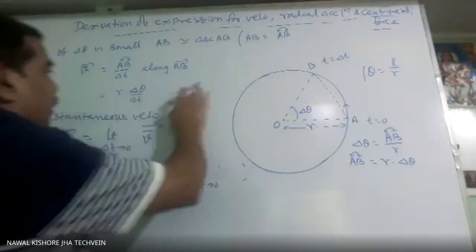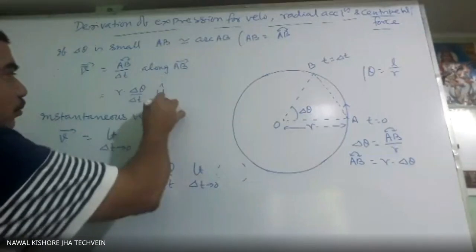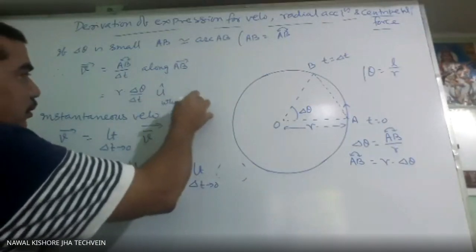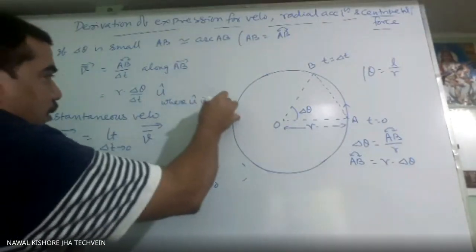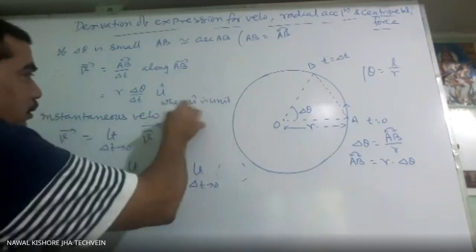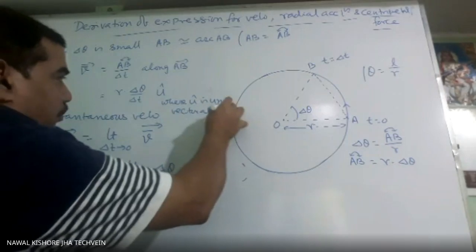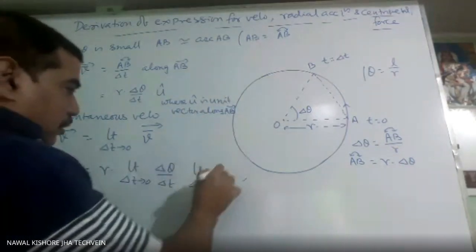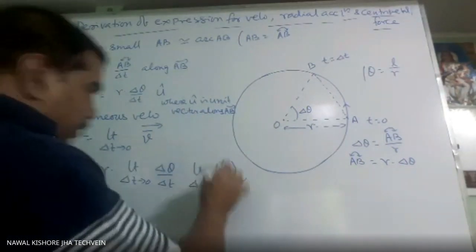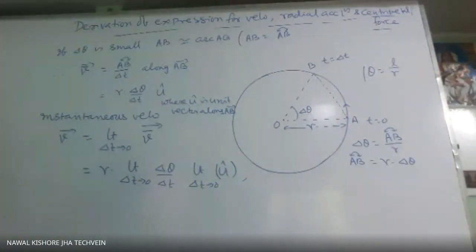Or simply you write U, where U is the unit vector along AB, because we are interested to find magnitude and direction. So we take the limit of this unit vector also to find the direction. Now this one is d theta by dt, so it is R d theta by dt.